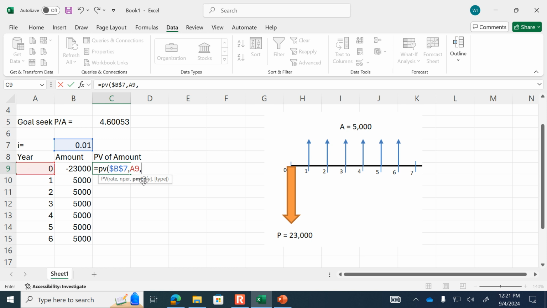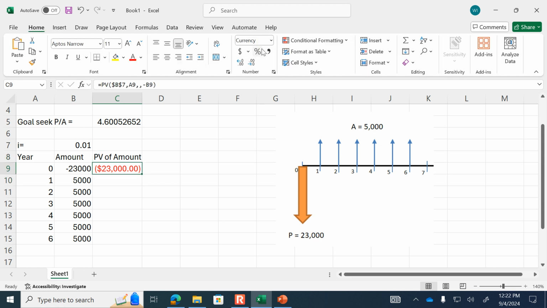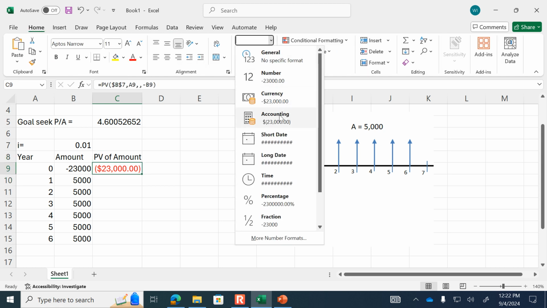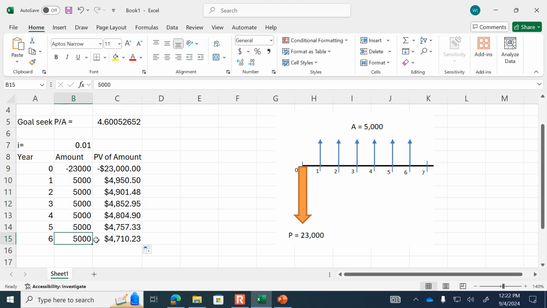Okay, comma to skip over the payment field, and then for the future value I'm going to put the negative of the amount. And I'll tell you why I put that negative sign in a minute. But like 23,000 is already at the present, so the amount is not going to change at all. But if I drag this formula down, it's telling me the present value for each of these amounts.